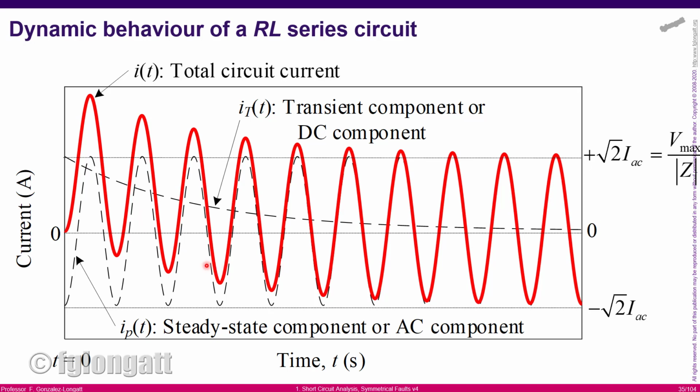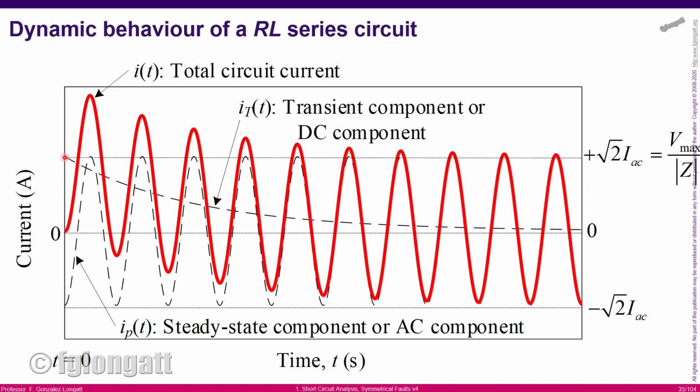However, what is the important part of this? What I need you to understand is that, depending on the instantaneous voltage when you close the circuit breaker, you need to fulfill the requirement that the current must start from zero.